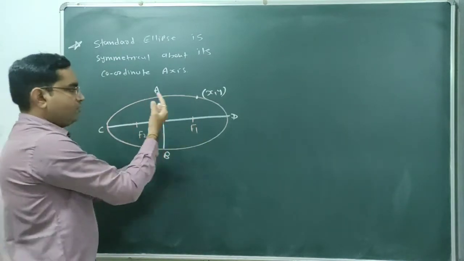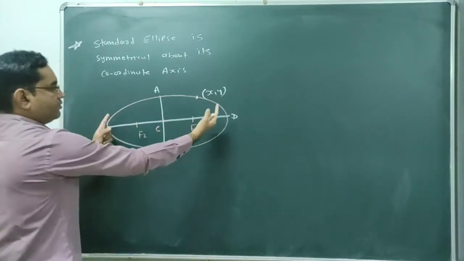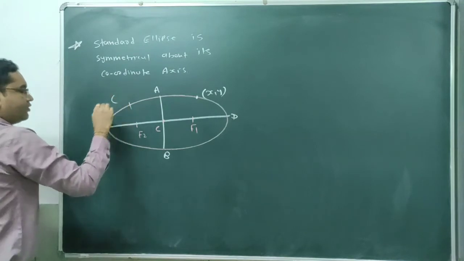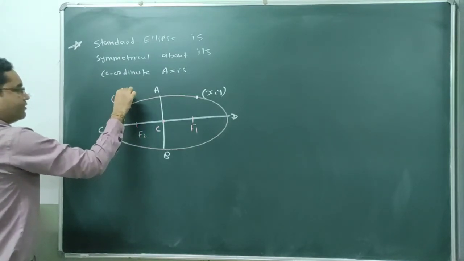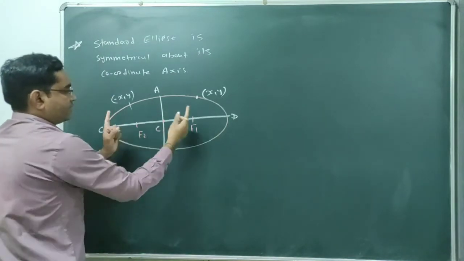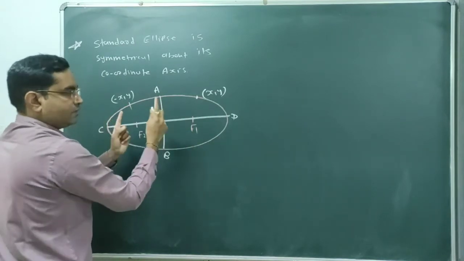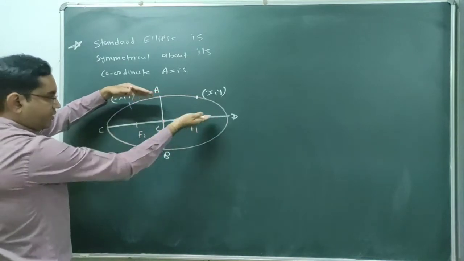Rotate this ellipse about the y-axis. So this point will be interchanged, so here we get a point. So coordinates of this point will be x coordinate negative. It's (-x, y). This is known as symmetricity about the y-axis. We are rotating this ellipse around the y-axis, it will rotate like this. Same way, we can rotate this ellipse along with this x-axis.